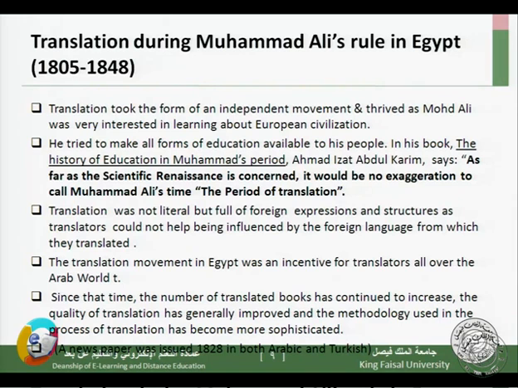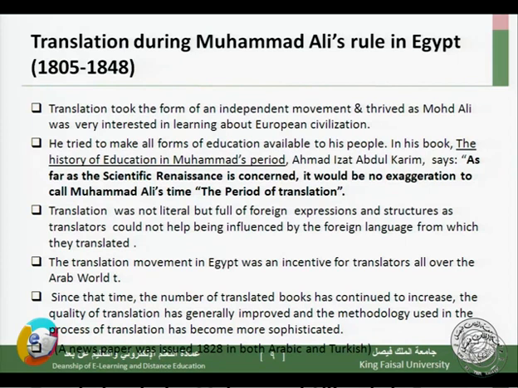Now, because of this movement, because of this interest in translation, we can see that the quality of translation and how translators approach translation started to improve.